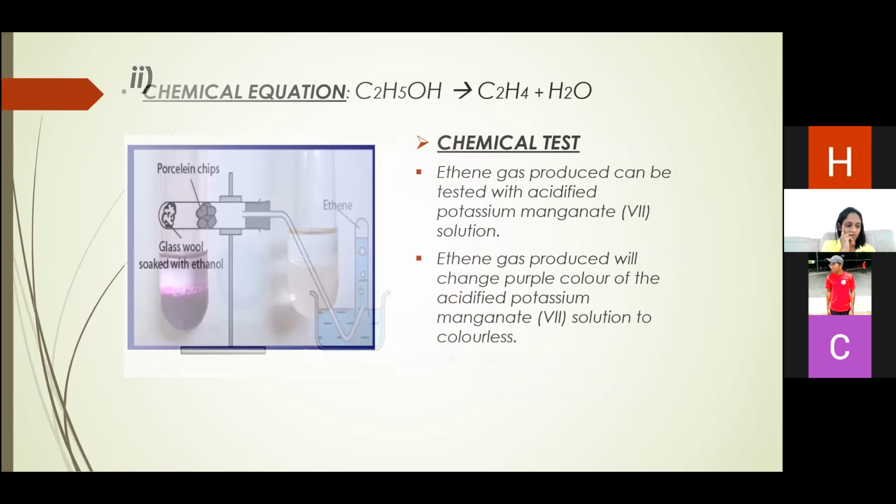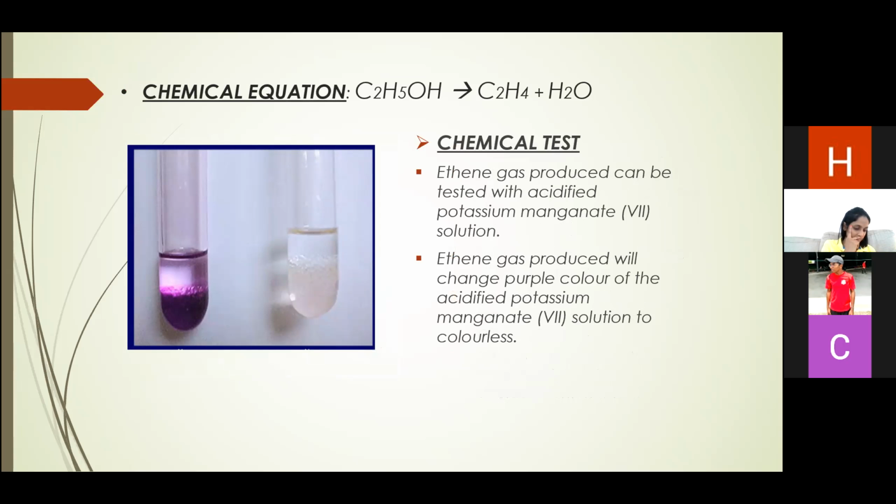And the chemical equation is C2H5OH dehydrates to C2H4 plus H2O. And the chemical test to test ethene gas is we can use acidified potassium manganate. The ethene gas will change the purple color of the acidified potassium manganate solution to colorless.